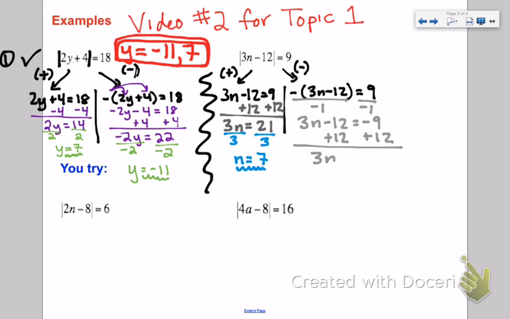So I get 3n plus 0 equals negative 9 plus 12, which is 3. From here, the opposite of multiplication is division, so I do that to both sides, and I get n equals positive 1 as my second solution. So up top, I'm going to write n equals 1 and 7.